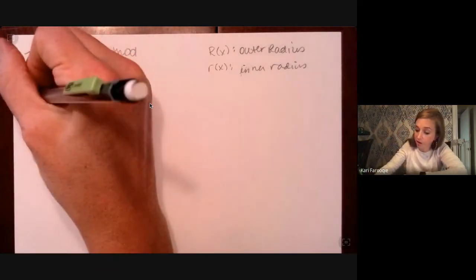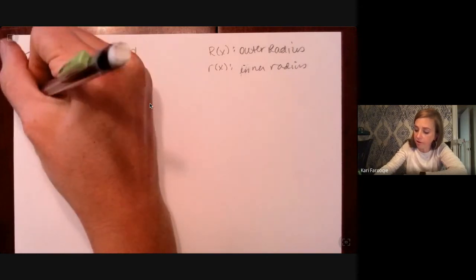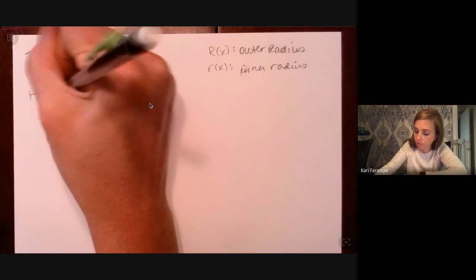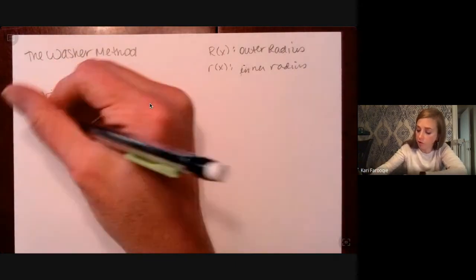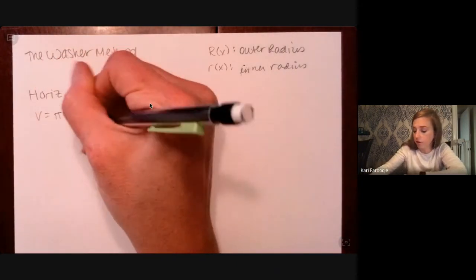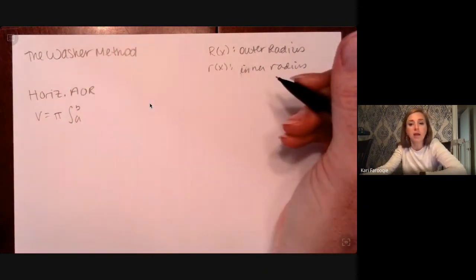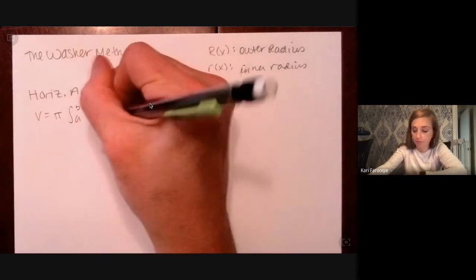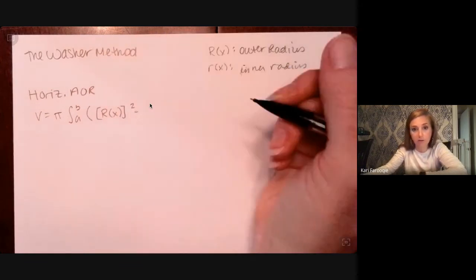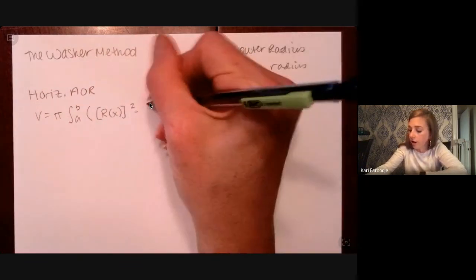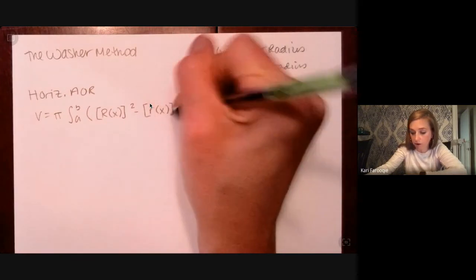All right, so let's look at the case where we have a horizontal axis of revolution. In that case, your formula is going to change ever so slightly. We're going to take pi times the integral from a to b of r of X, quantity squared, so it looks the same so far, but I have to subtract off the inner radius.